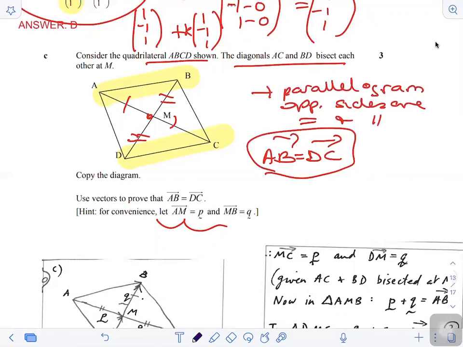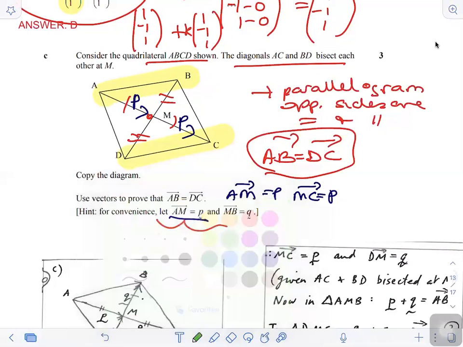But if we want to look at it in a different way, let's let AM equal p. AM equals p, so MC must also be p. And MB equals q, so that means DM would also equal q.